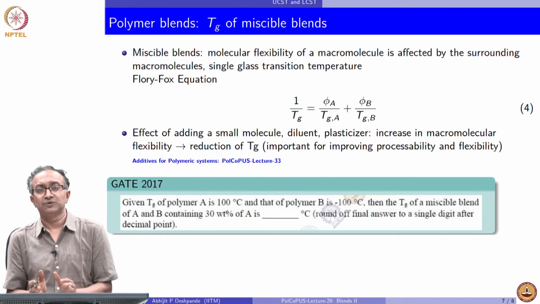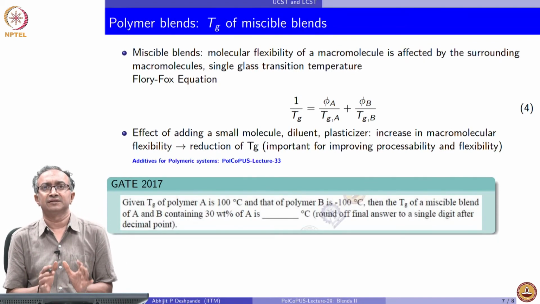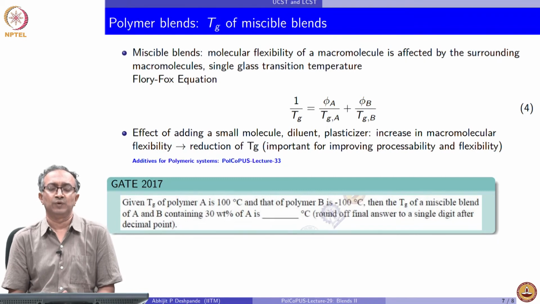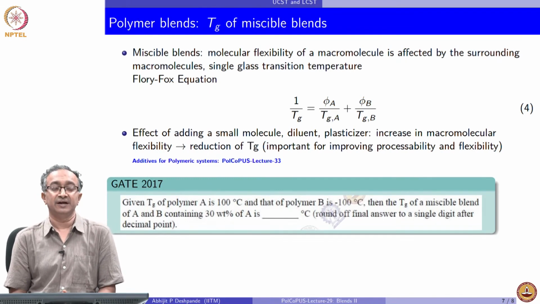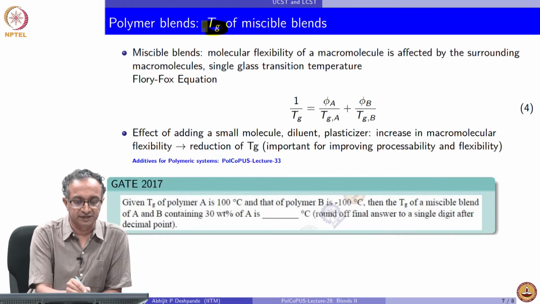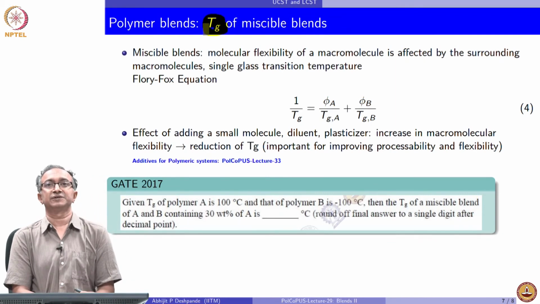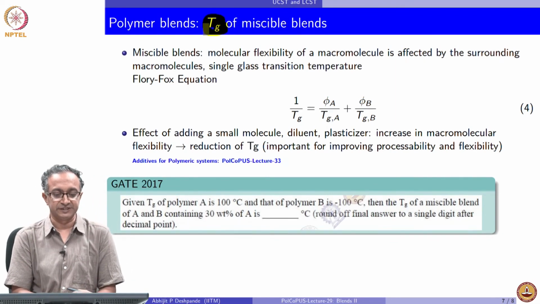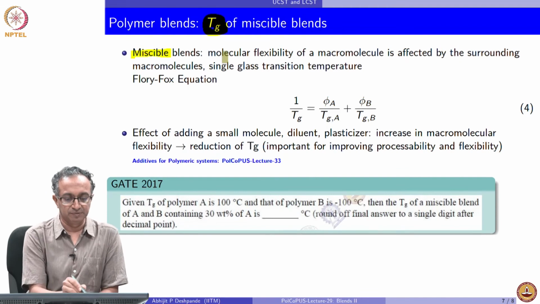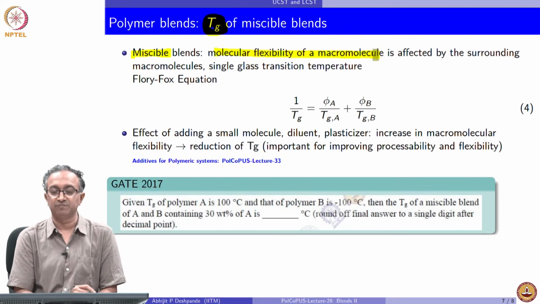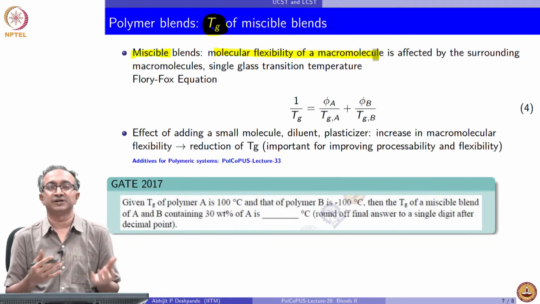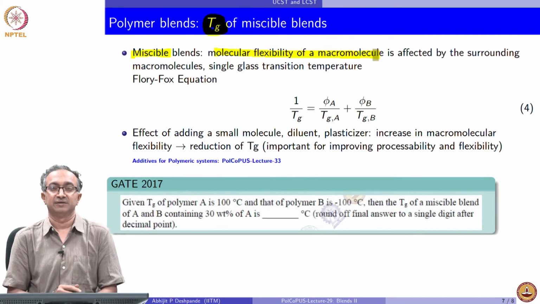So let's close this lecture by finally looking at the miscible system itself once more, and looking at how we estimate the properties. And one important characteristic, as we have already seen, is the glass transition temperature. If it's a miscible blend, the molecular flexibility of a molecule is basically affected by the other molecule.